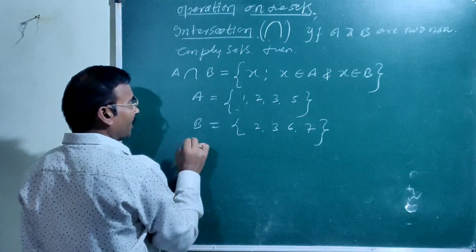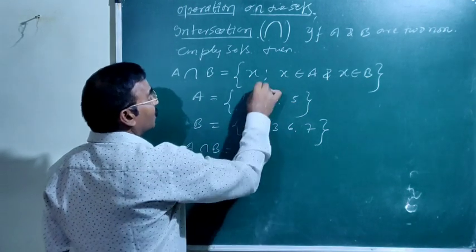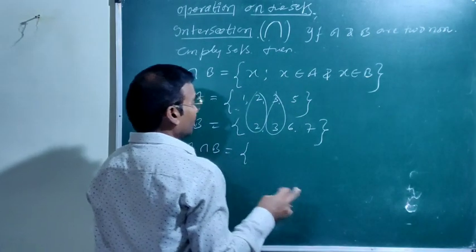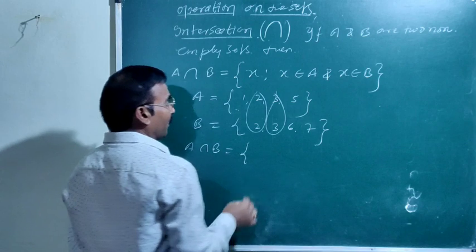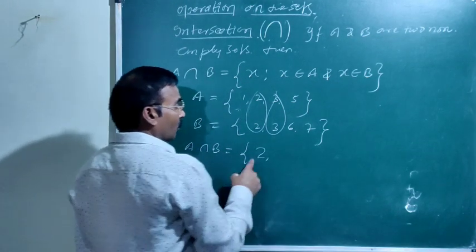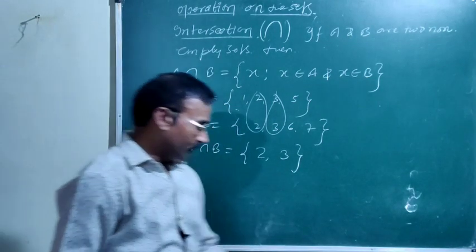What are the common elements from both sets? A intersection B: 2 is common, 3 is common, except 2 and 3 there is no other common element, so the intersection of both sets is only 2 and 3.